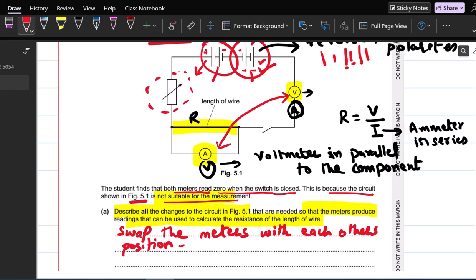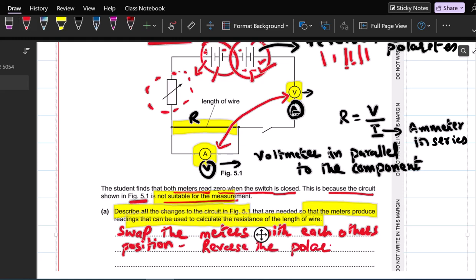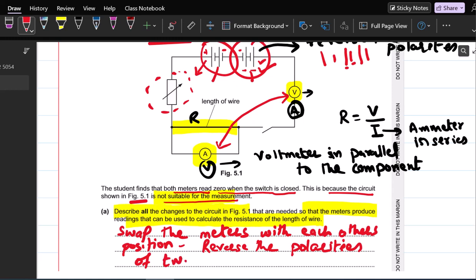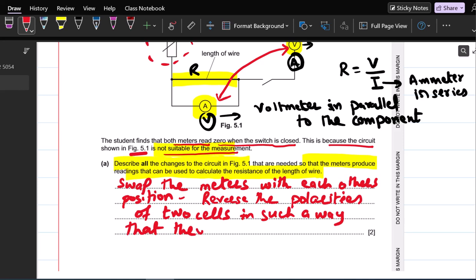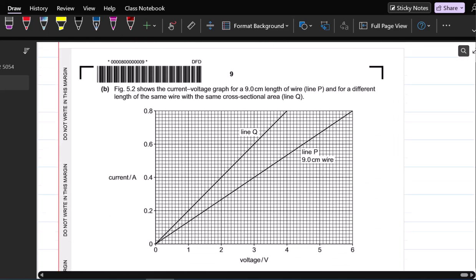So I would say that reverse the polarities of two cells, in such a way that they come in sequence.